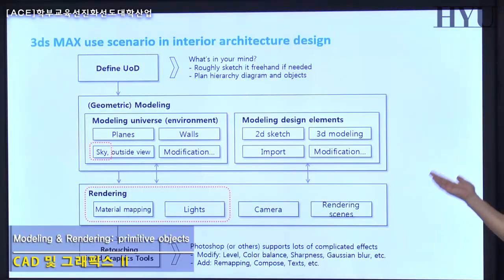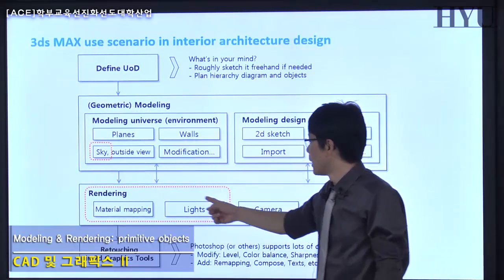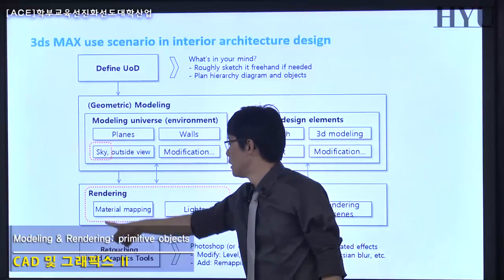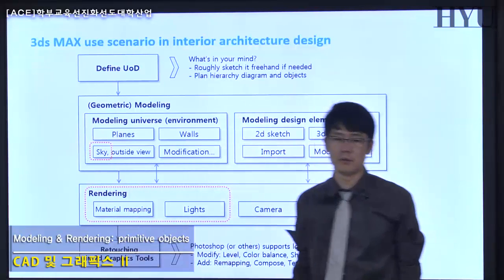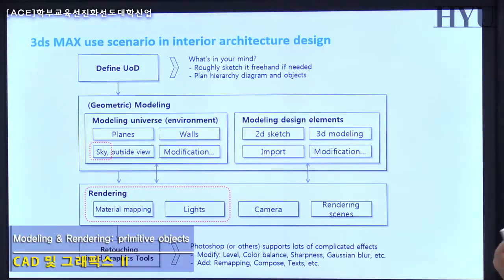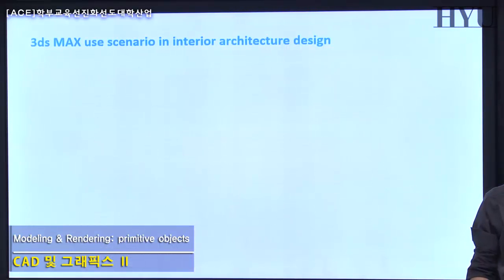So the sky, we installed. We placed the planes and we tried to make some rendering simply using sunlights and Autodesk predefined materials. And then you can create some photorealistic rendering scenes very easily.